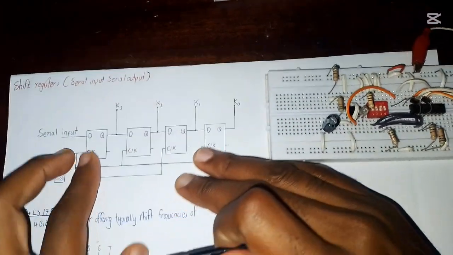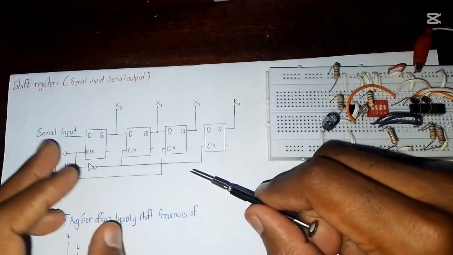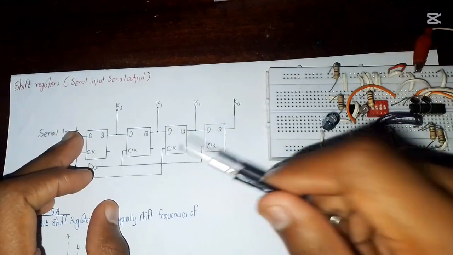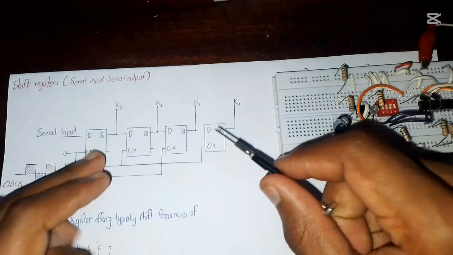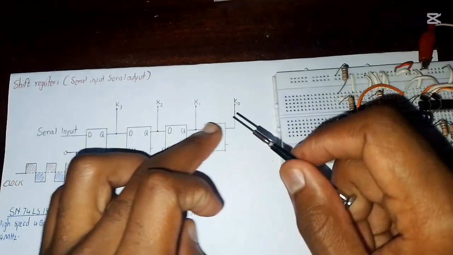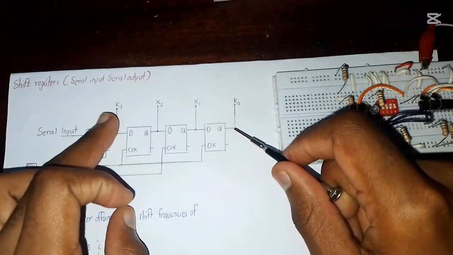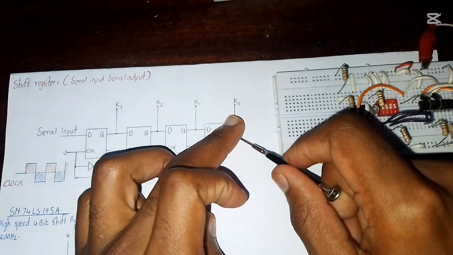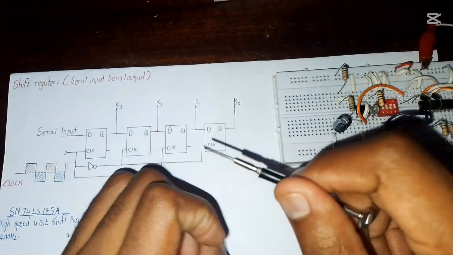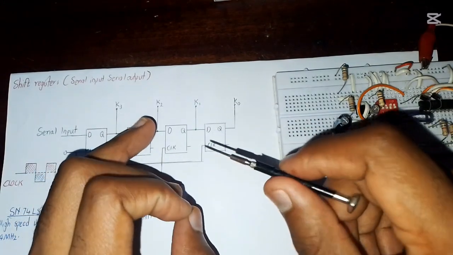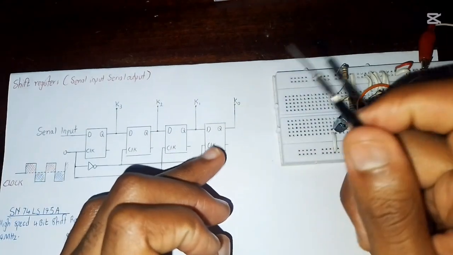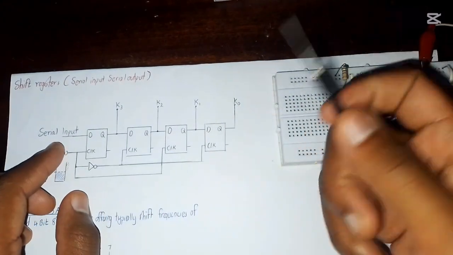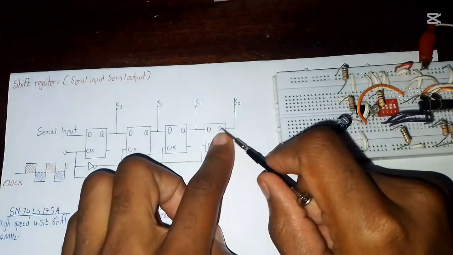Our circuit is a serial input serial output, meaning that it has only one single input and it should have one single output. But in my case, you can see that I've taken output into different outputs of the flip-flops. This is because I want to demonstrate how data shifts from one flip-flop to the other. In the real sense, a serial input serial output should have only one input and one output.